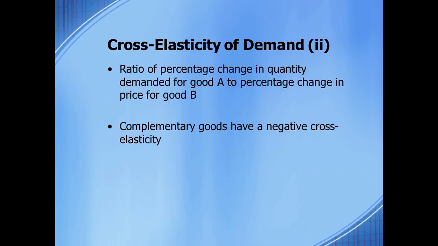So there can be negative cross-elasticity when the demand for one of the complementary goods goes down. Substitute goods can also have a positive cross-elasticity, so we need to know what goods are complementary and what goods are substitutes for whatever it is we make or sell. So having an understanding of cross-elasticity of goods is extremely important.